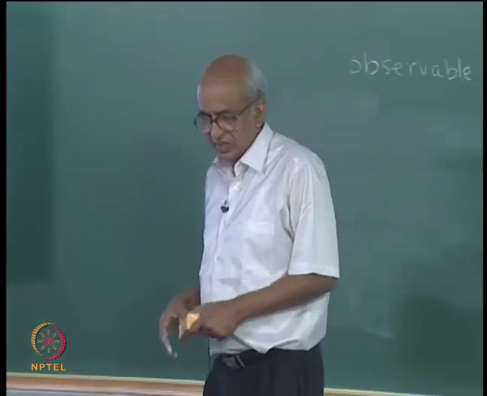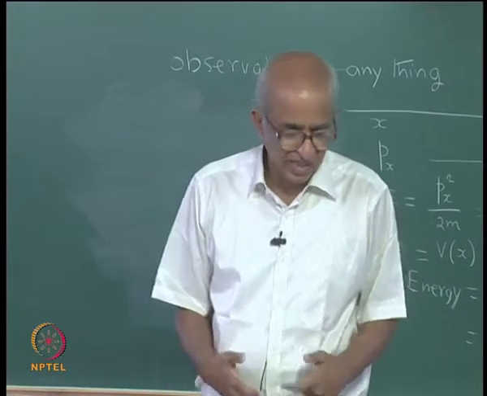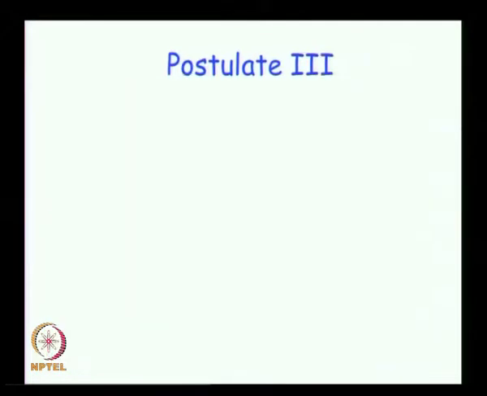Okay, now, this is the second postulate. What it has said is that if you have any observable, there is an operator. But then in the lab, what do we do? We make a measurement, and so we have the next postulate, which talks about measurement.